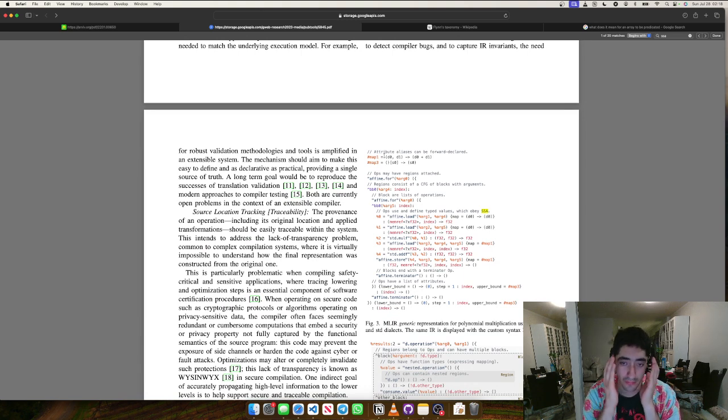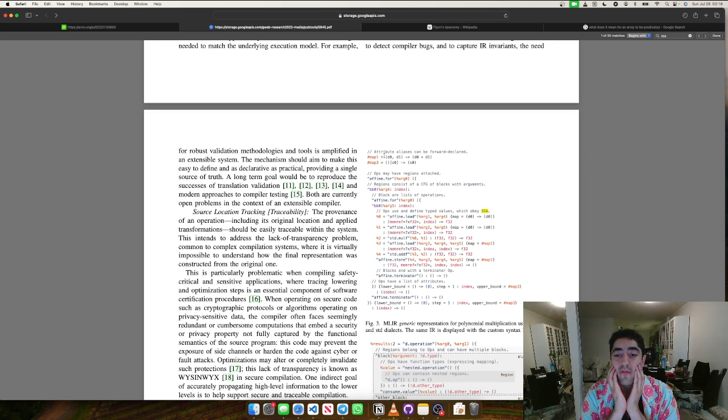Alright, so we are mapping some values first. And then we have map 3. Ops may have regions attached. Affine.4. Regions consist of a CFG of blocks with arguments.